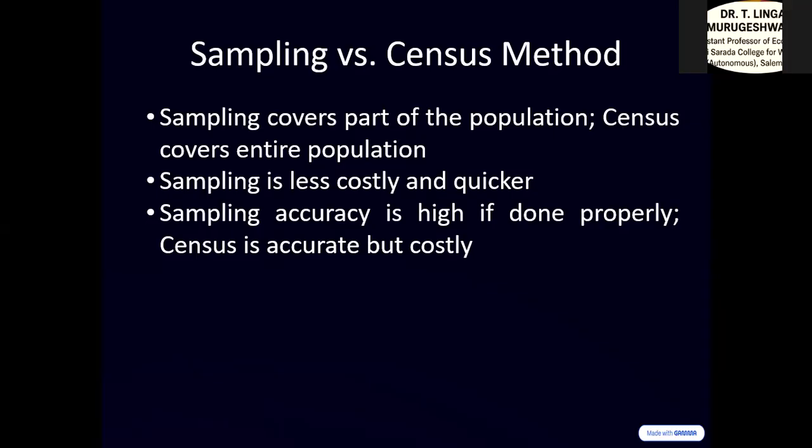If the sample is well designed, results can be almost as accurate as a full census and much more practical. Think of the government census, which is conducted every 10 years due to its scale and cost. On the other hand, sampling-based surveys are used frequently and flexibly to inform policy and economics.